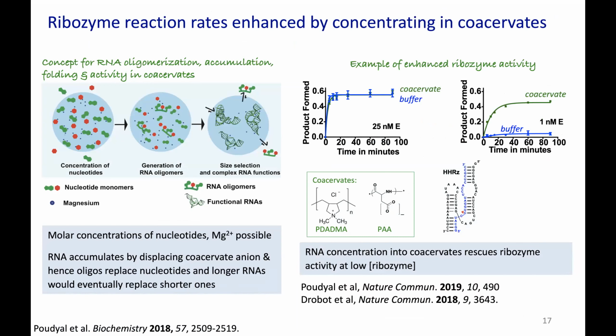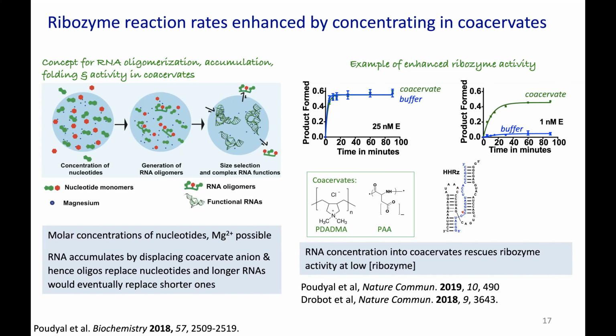As they get longer, they're more effectively accumulated, and other ones are competed out, and they can fold and then become catalytic. So some parts of this have been experimentally validated, and other parts we still need to learn more about. But people have put some RNAs inside of coacervates, ourselves and others.